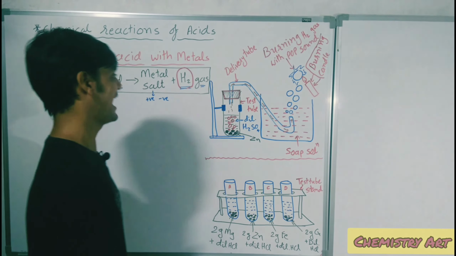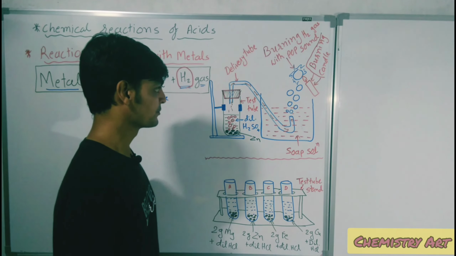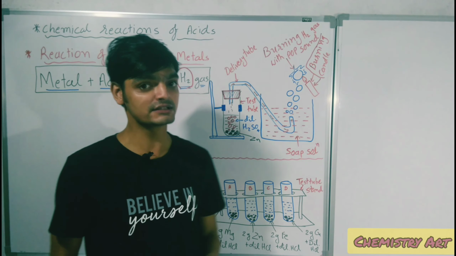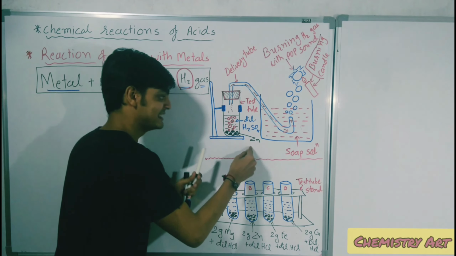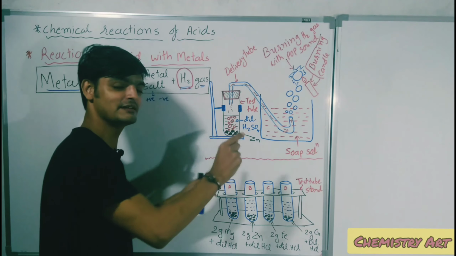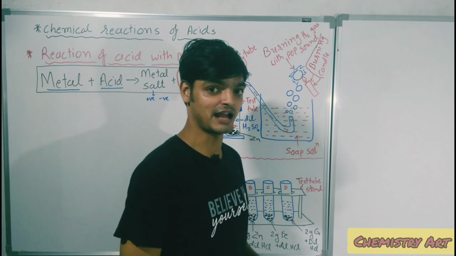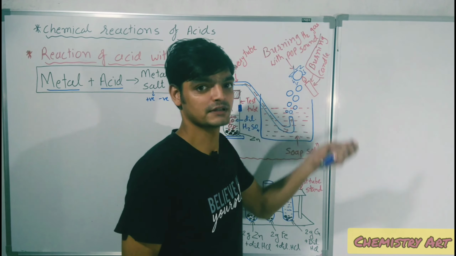Why? Because as you know, hydrogen gas is an inflammable gas, so it burns with a pop sound. If the pop sound is coming, it means that the gas coming out when zinc reacts with sulfuric acid is nothing but hydrogen gas. You can't say it's carbon dioxide gas, because carbon dioxide will not give a pop sound.